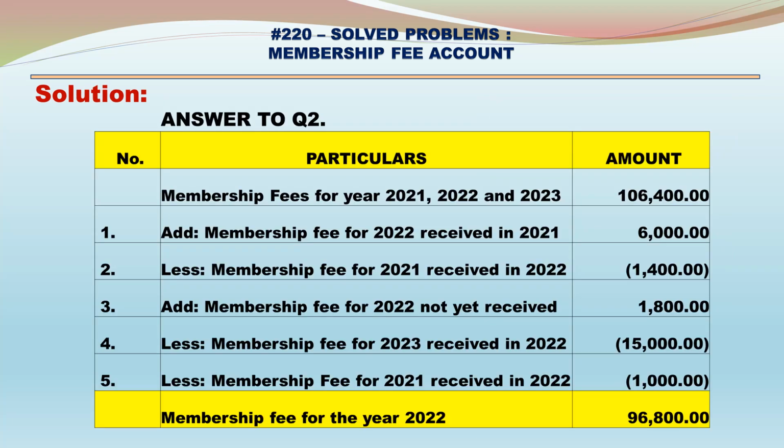Solution. Membership fees for the years 2021, 2022 and 2023 collected during June 2022: 106,400. 1. Add membership fees for 2022 received in 2021: 6,000. 2. Less membership fees for 2021 received in 2022: minus 1,400.